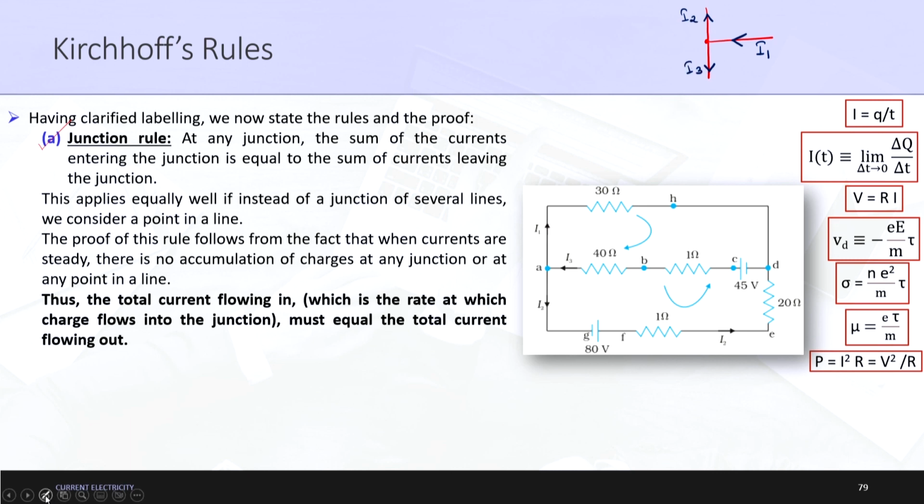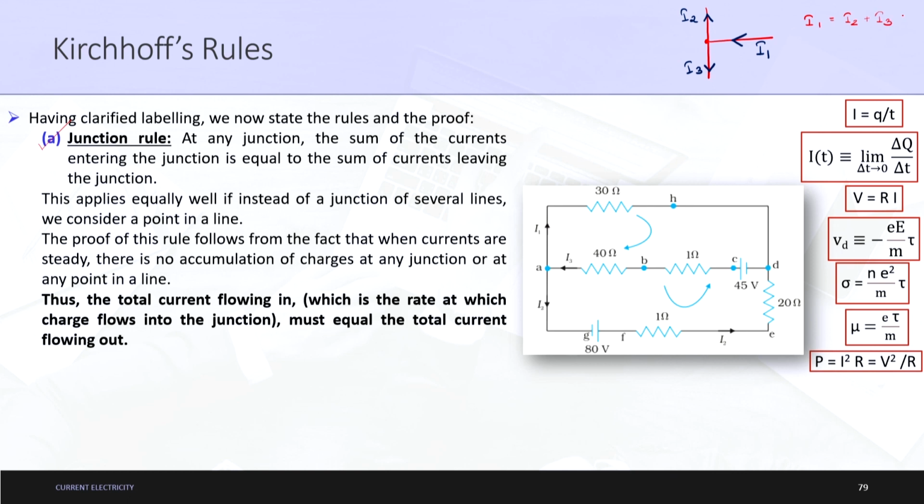Please look over here carefully, that the current I1 is moving towards the junction and the currents I2 and I3 are moving away from the junction. Therefore, according to Kirchhoff's first rule, that is the junction rule, here I1 is equal to I2 plus I3.